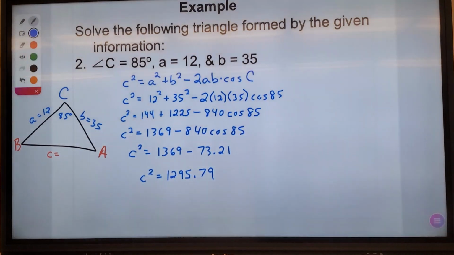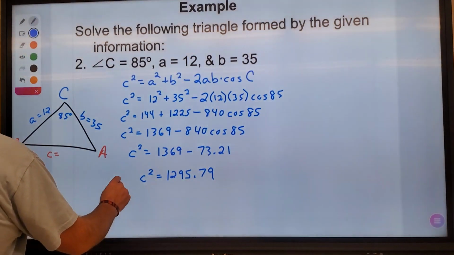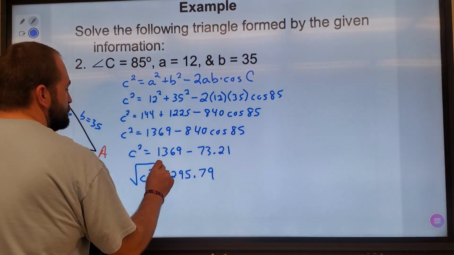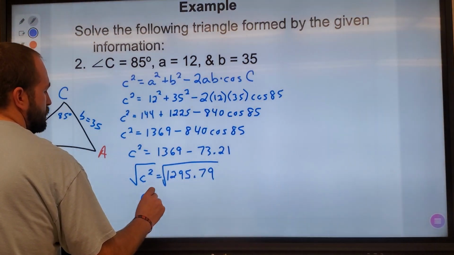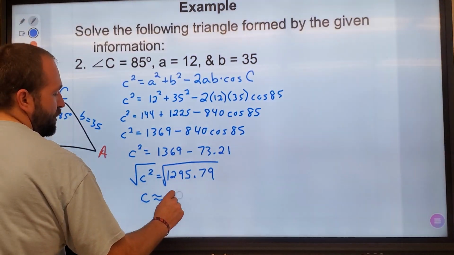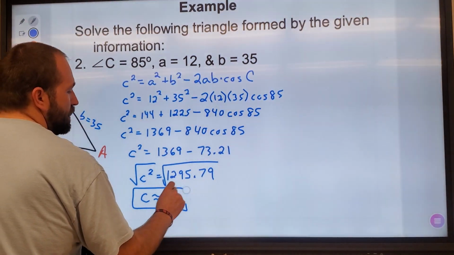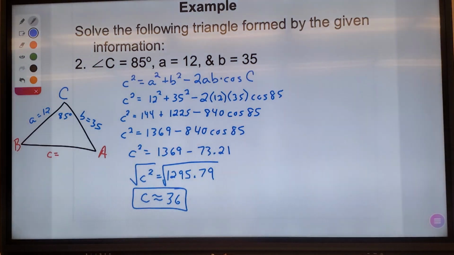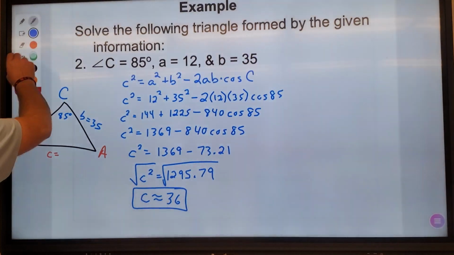And then I'm going to take the square root of both sides. So c is going to be approximately 36 if we round it up. Okay, it's 35.997. Okay, so we round that up. All right, from here now, again, I can plug into the law of sines. So we go to that.